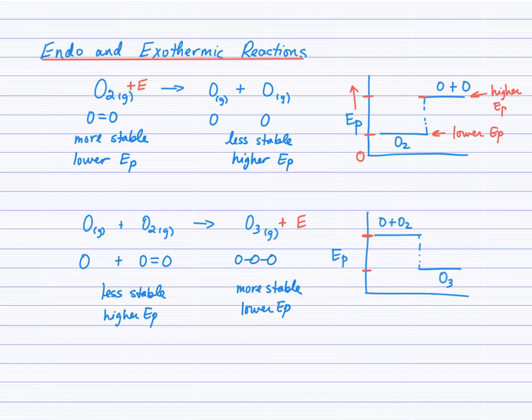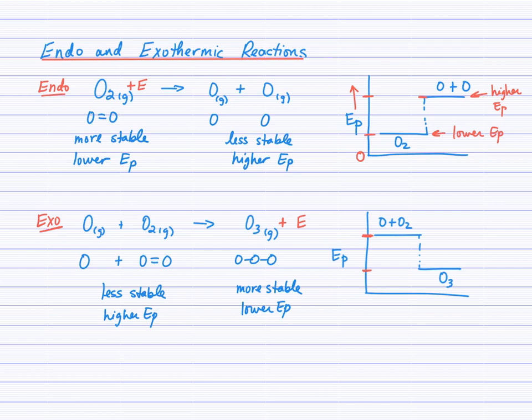And so we refer to, as you see in the title here, endo and exothermic, we refer to these reactions as endothermic when the energy term is on the left side of the arrow, on the reactant side, and we refer to the reactions as exothermic when the energy term is on the right.